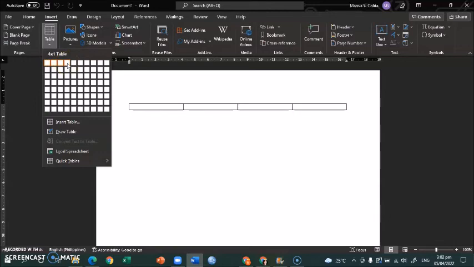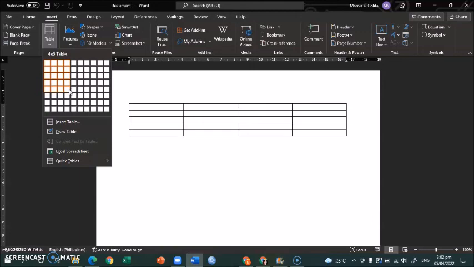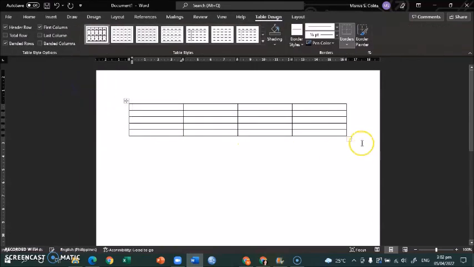And then it depends on how many indicators there are. For example, 3 indicators: 1, 2, 3, and then the overall. So, this is what the table looks like. For example, this is for the indicator, this is for the SD, the mean, and the descriptive level. This is indicator 1, indicator 2, indicator 3, and here is the overall. I'll show you how to format a table with only 3 horizontal lines.